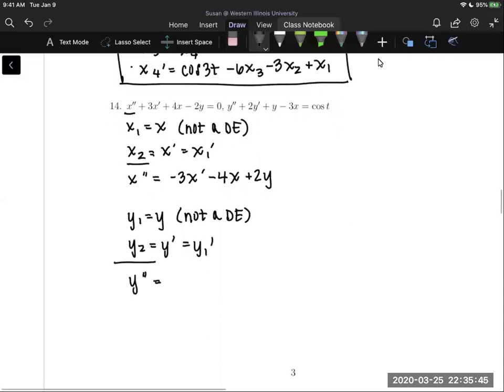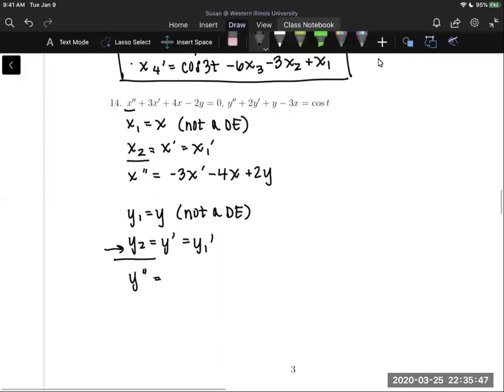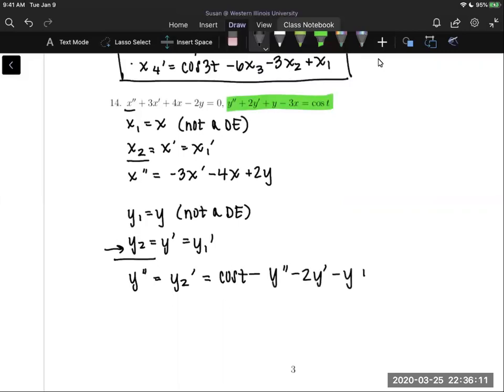According to this previous equation, y double prime is the same as y2 prime, but then according to this DE up above, it is equal to cosine of t minus 2y prime minus y plus 3x. And so I suppose up here, I forgot to write that this is actually x2 prime. So go ahead and add that in right there up above.